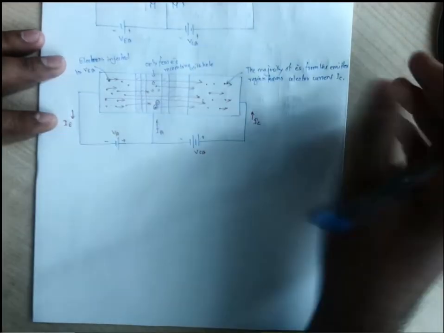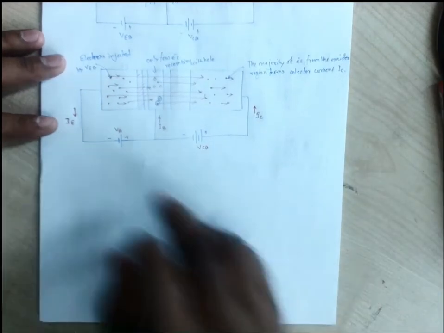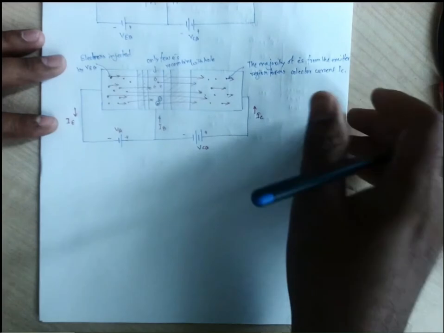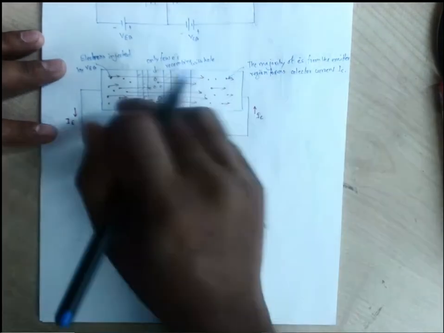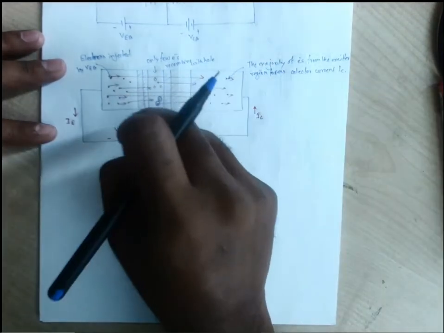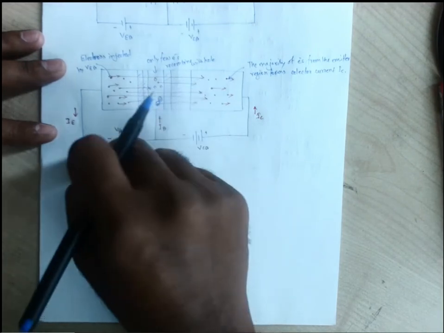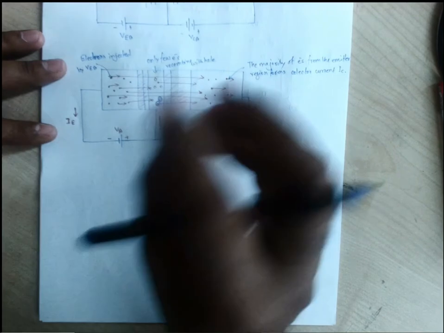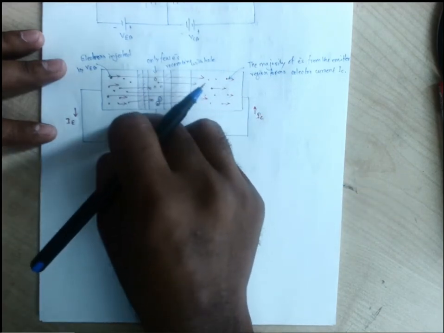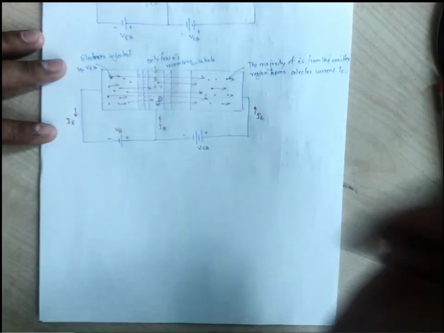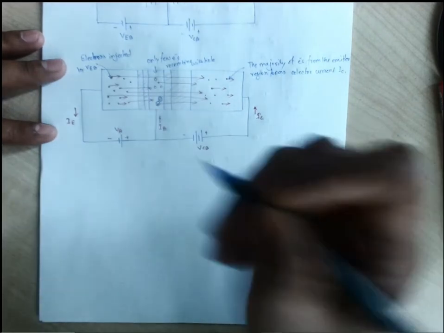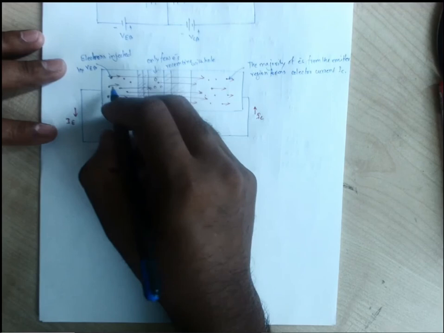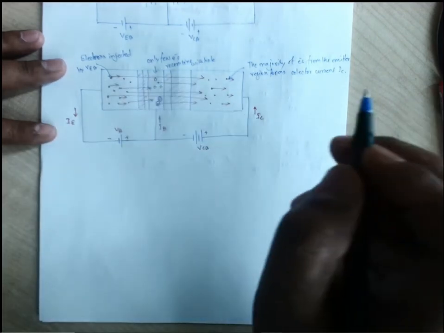Now again, when these charge carriers are injected, they will further move due to the drift. Due to the diffusion, the depletion region has already formed, and it is lowered when we provide the forward bias. After the formation of the depletion region, and it has been lowered by this external supply, the drift comes into the picture, and due to this drift, these charge carriers move forward into the base region.